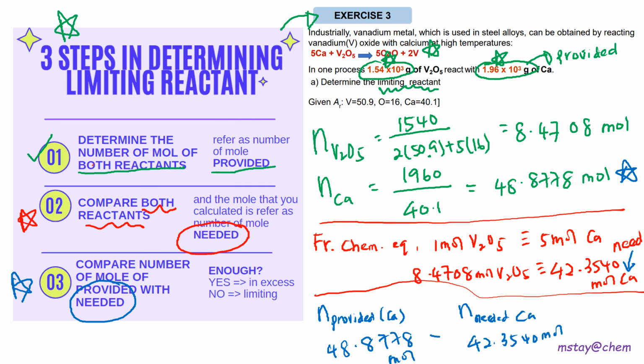Means what is provided is more than needed. So next we ask, is that enough? The answer is yes. In this case, the calcium is the excess reactant, while automatically the vanadium 5 oxide will be the limiting reactant. So these are the 3 steps that we use to determine the limiting reactant.